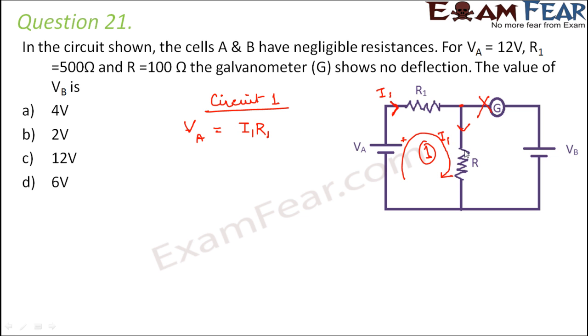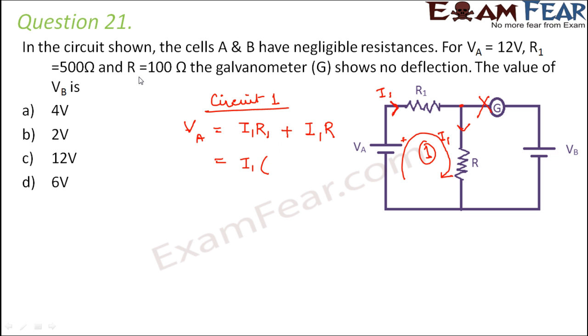Similarly, another resistance is R, and the amount of current flowing through R resistance is again I1. What would be the sign? You see the current flowing again is in the same direction as the assumed direction. So this would also be plus. So this is equal to I1 into R1. What is the value of R1?